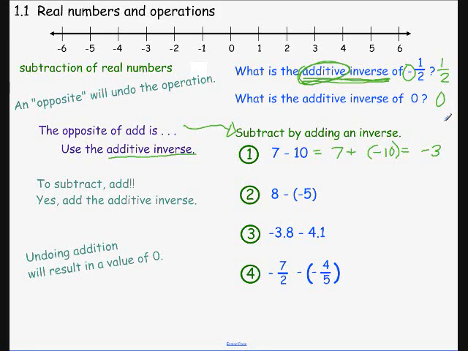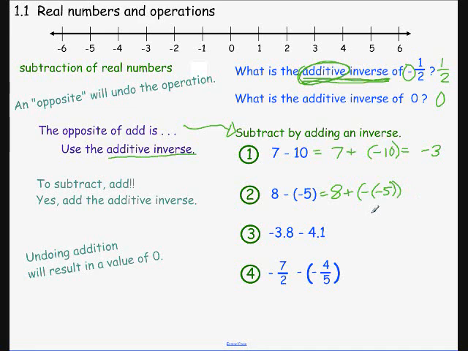Okay, so let's go through a couple little exercises here. We want to convert this into an additive inverse. So that would be 8 plus a negative of negative 5.